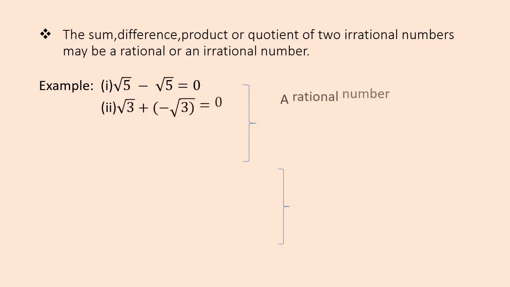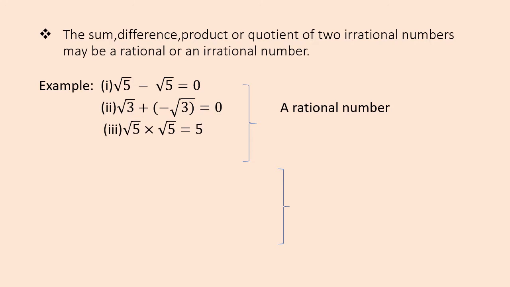In the same way, root 3 plus minus root 3, that is the sum of two irrational numbers, you are getting 0. 0 is a rational number.